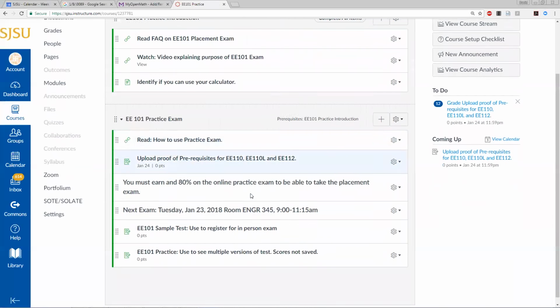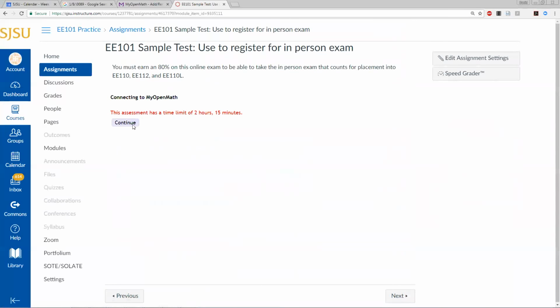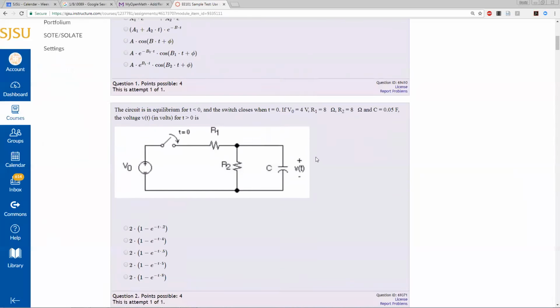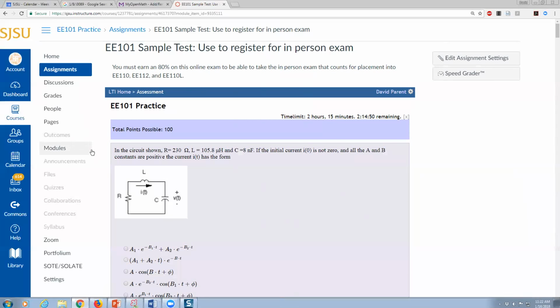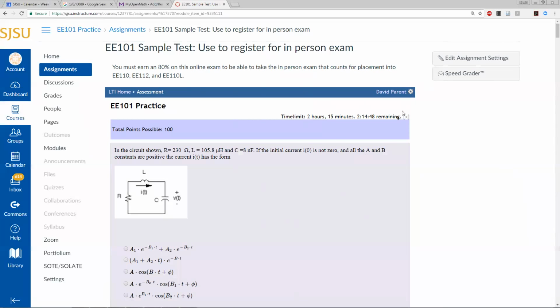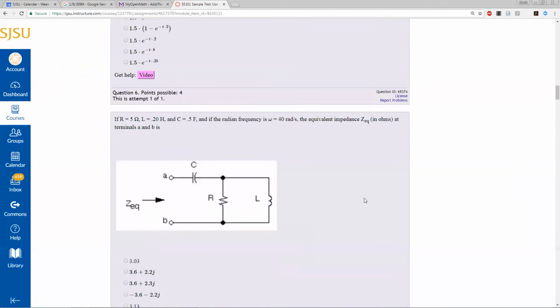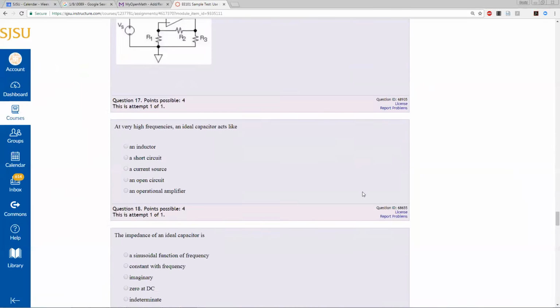And this is for the future, again, you guys have done this part where this is the sample test that will save the score, and I would need to see an 80 so that you could take the exam, right? Notice on this one, there's just no place for you to create a new exam. But this one, the scores are saved, and you can just see these other problems.